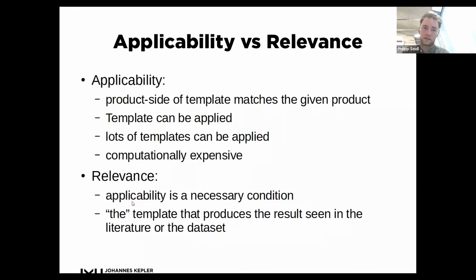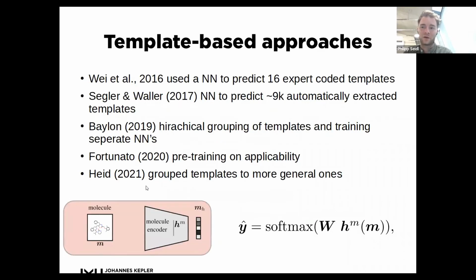So I hope that clarifies the huge distinction between applicability and relevance. And again, why is this a hard problem? Because there are so many templates that would actually apply, and for the relevant ones we have very, very few data. And how has this traditionally been approached?